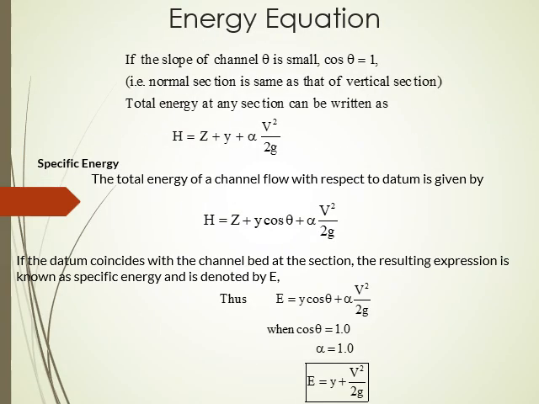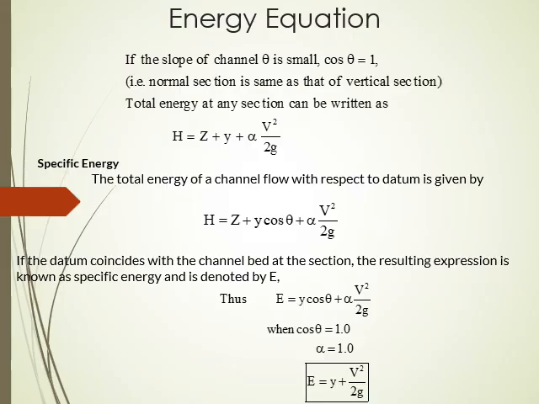If the channel slope is very small, theta will be very minimum, so cos theta is equal to 1, that is cos 0 equals 1. If the normal section is the same as the vertical section, the total energy at the section is H equal to Z plus y plus alpha V square by 2g, because cos theta becomes 1.